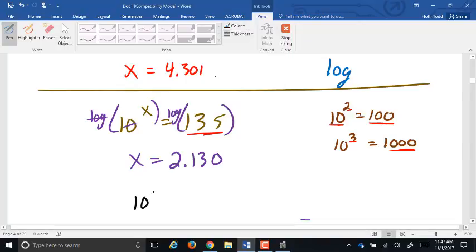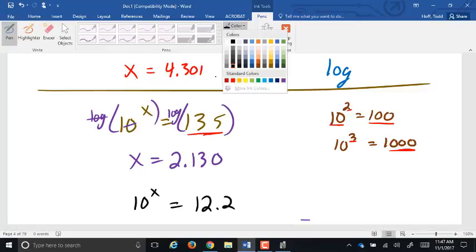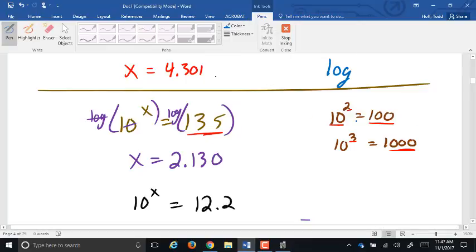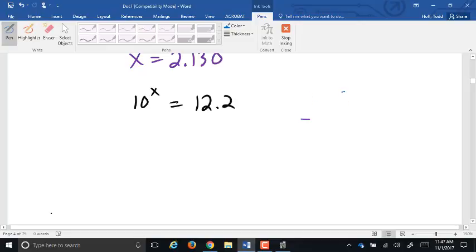So then we had the 10 to the x equals 12.2. Now, without punching this in, if we thought about it, 12 is between 10 and 100, correct? So 10 to the power of 1 is 10. 10 to the power of 2 is 100. So when I do the log, it better be between 1 and 2.